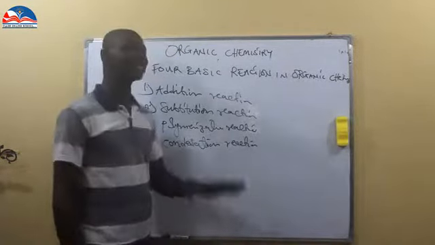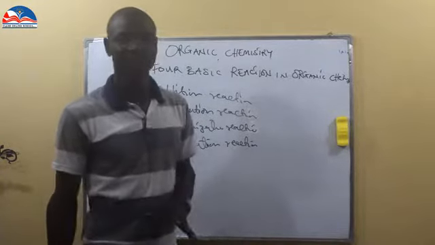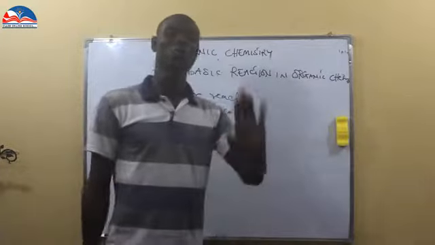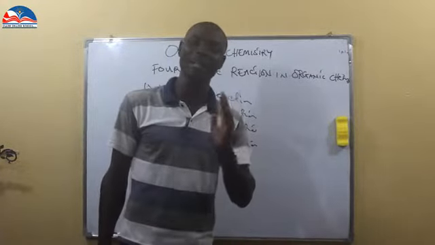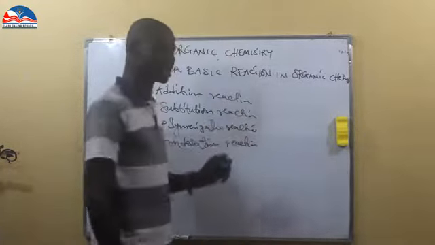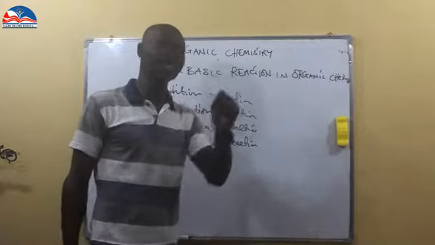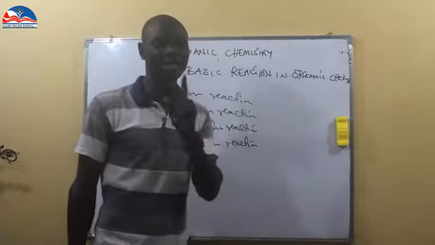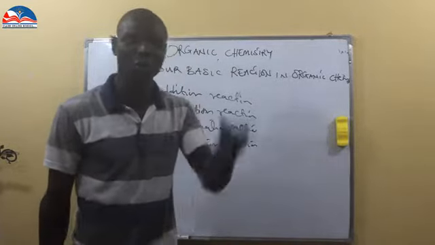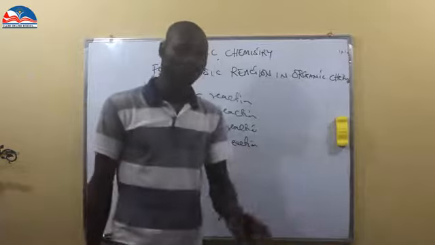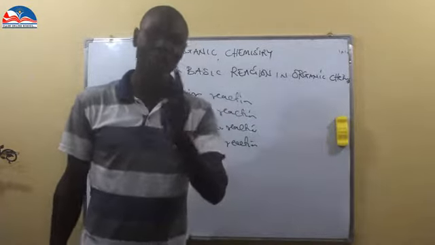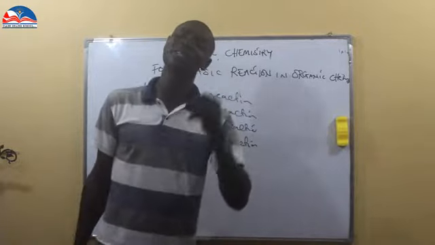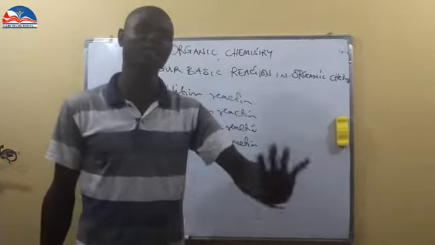Now, why do we say that they are the basic reactions? Why we call them basic reactions is because you cannot do any organic chemistry without any of the reactions here. Organic compounds either undergo addition reaction, or substitution reaction, or condensation reaction, or polymerization reaction.